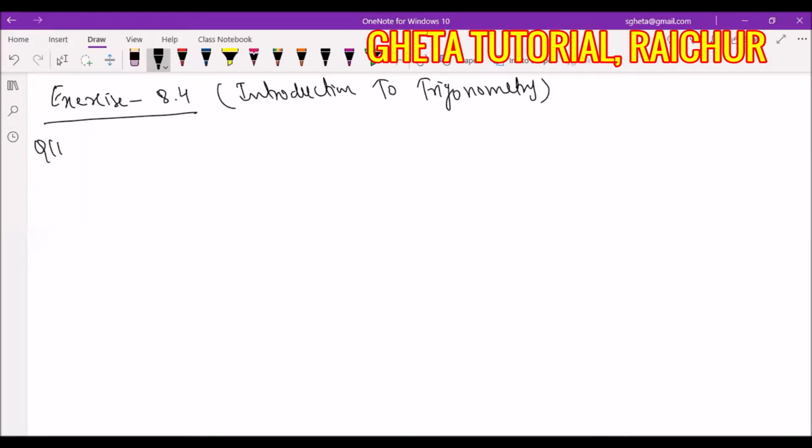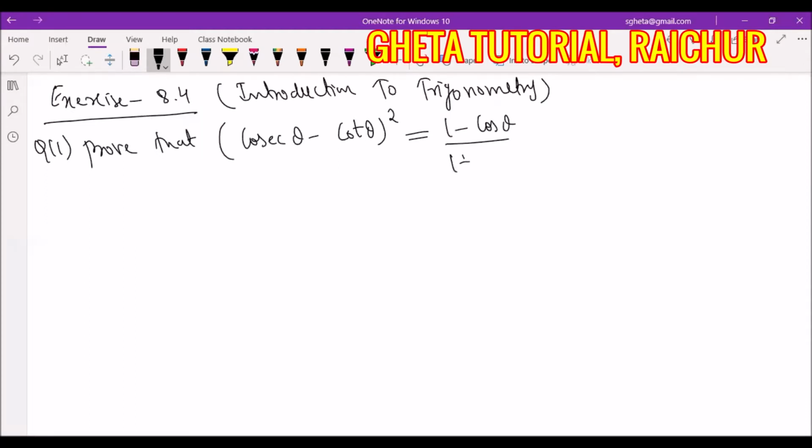Question number 1, prove that (cosec theta minus cot theta) whole square is equal to (1 minus cos theta) divided by (1 plus cos theta). So let us start to prove this question.